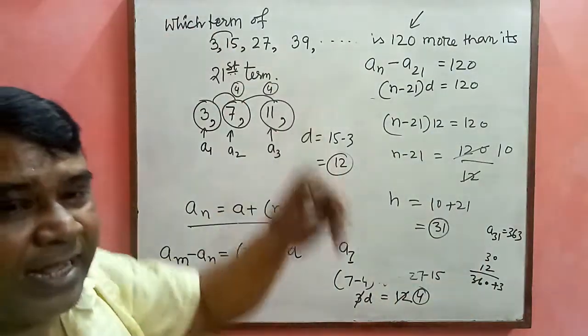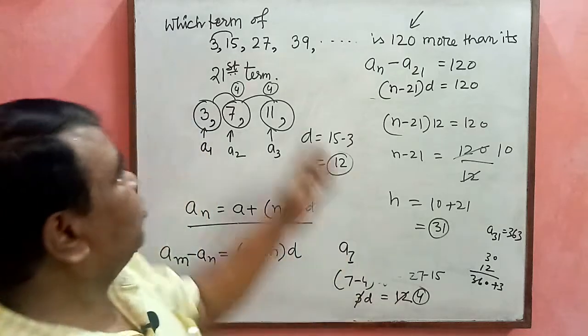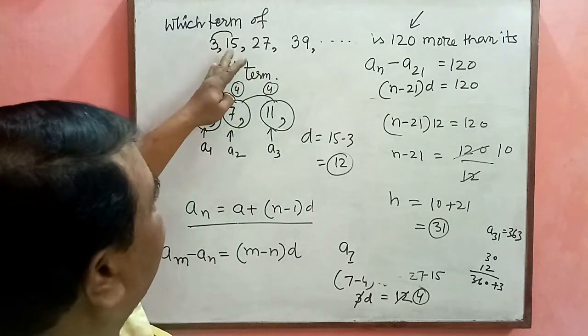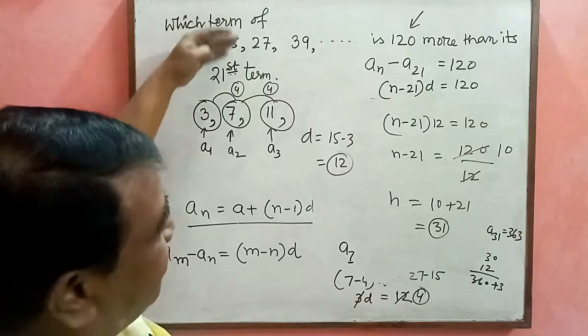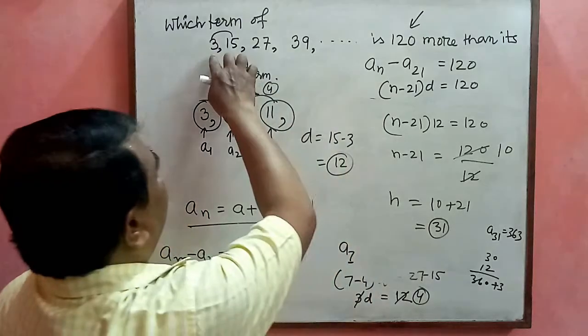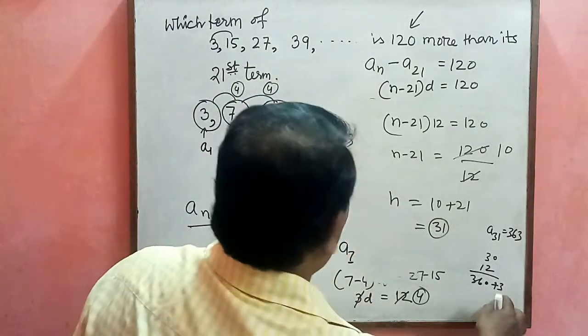For the 31st term, it is 30 into D, and here the common difference is 12. 12 into 30 is 360, plus the first term, 363.